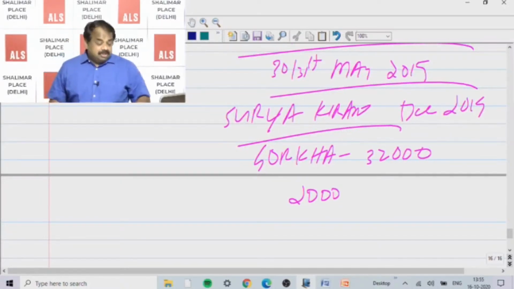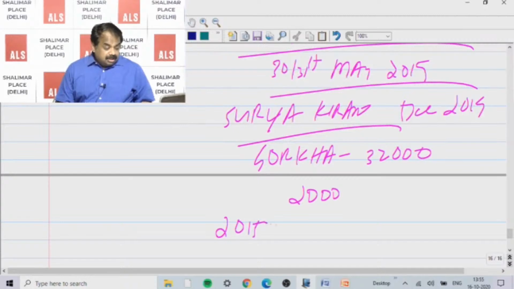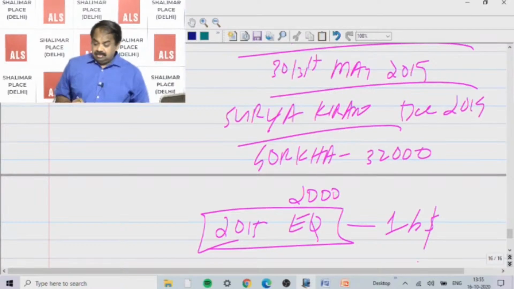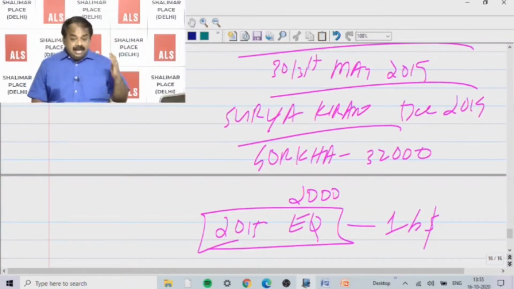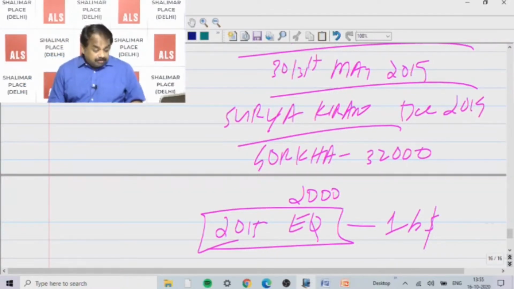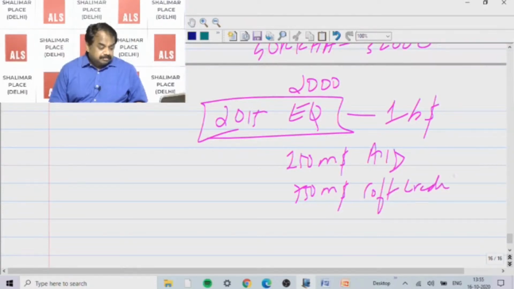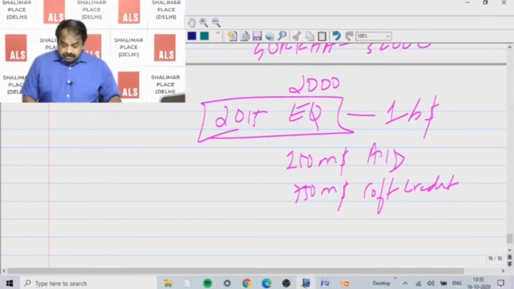And after the 2015 earthquake, India offered almost $1 billion: $250 million aid and $750 million soft credit.